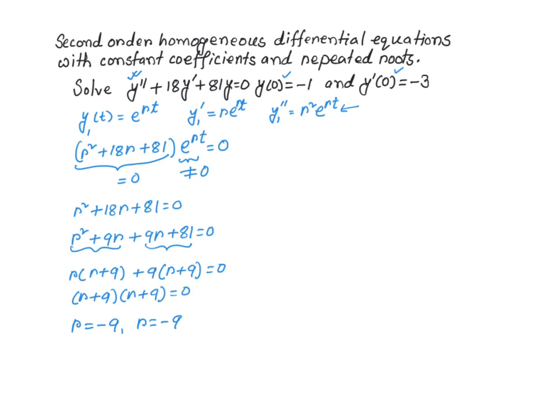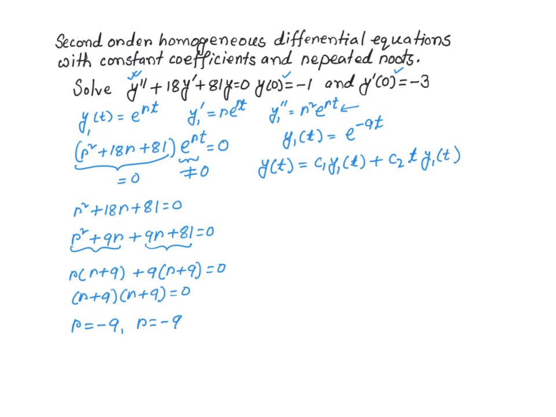So my y1 of t becomes nothing but e to the power negative 9 times t. Now I'm making the assumption that the general solution is going to be y of t is equal to c1 y1 of t plus c2 times t times y1 of t.